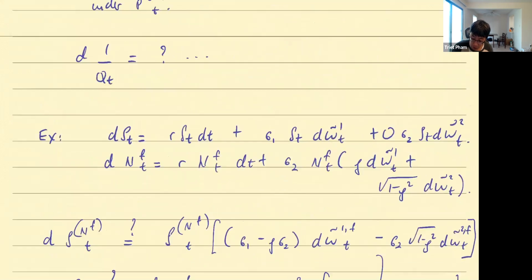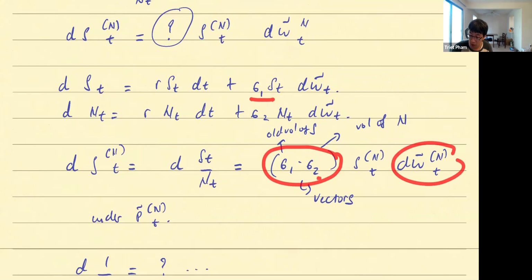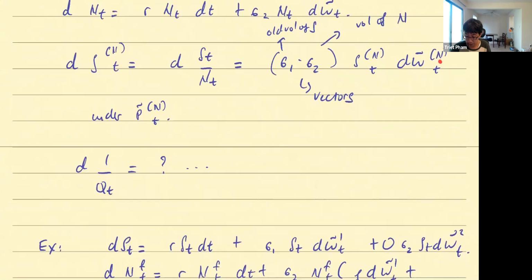But you should also try to make use of this nifty trick that if you divide like this, then all it does is subtract the volatility, and this term cancels out. It's kind of like magic, but it works. Of course, here this W tilde is converted to W tilde N.